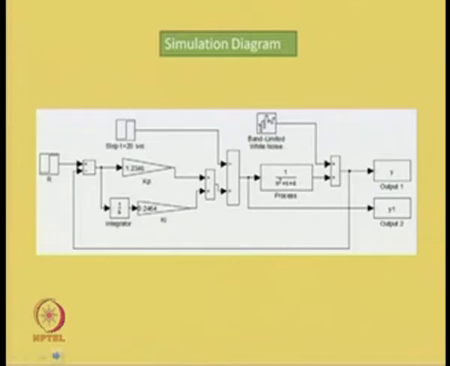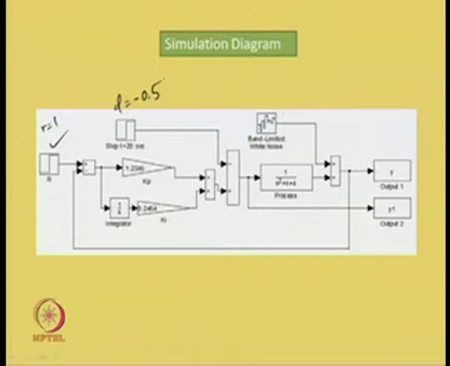So, the simulation diagram can be made in this form, where we have a reference input, which is nothing but the set point input with value r equal to 1, a unit step input. We have some disturbance input d, which is a step input that occurs at time t equal to 20 seconds, and is of magnitude minus 0.5.